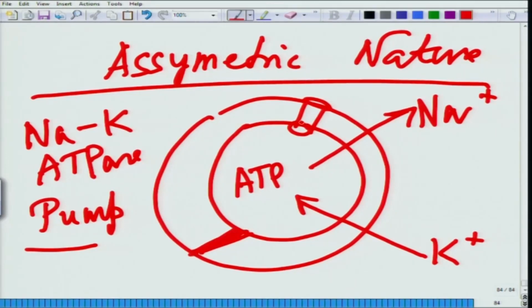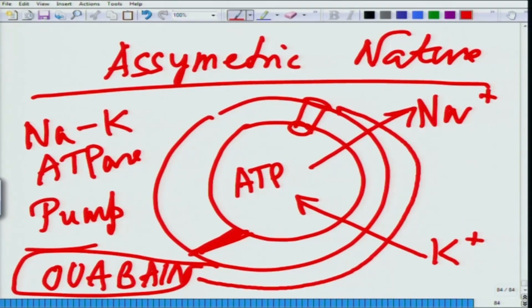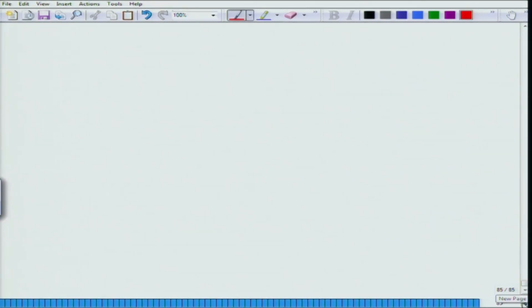This offers an asymmetry in terms of the ion concentration inside and outside the cell. There are certain toxins, like ouabain, which bind from outside and block these pumps. These pumps and channels offer a lot of asymmetric nature to the membrane.